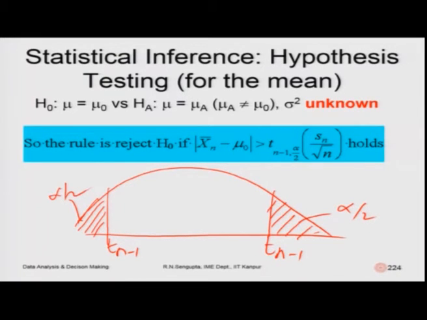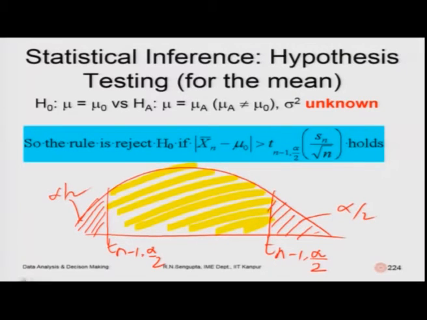So, the level of significance for this is alpha by 2 and this is alpha by 2, such that the overall area which is in between is 1 minus alpha.